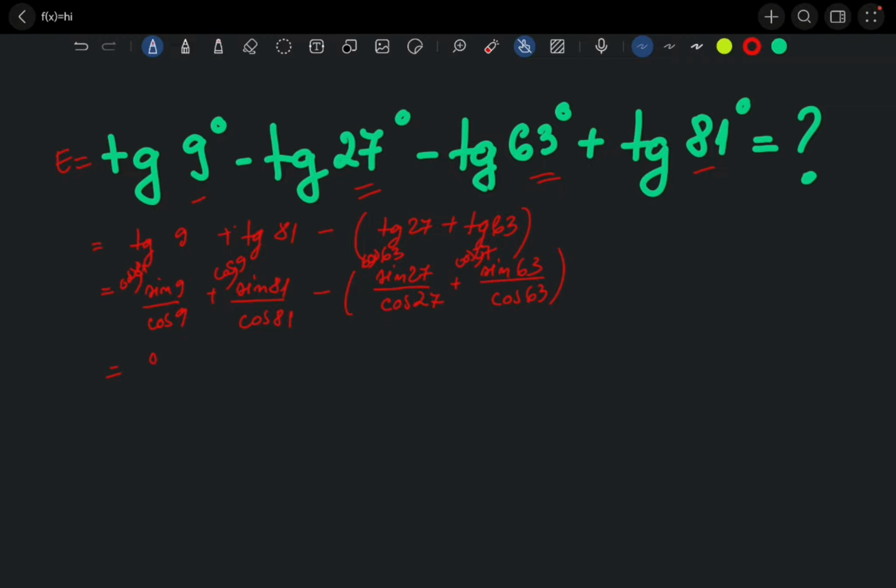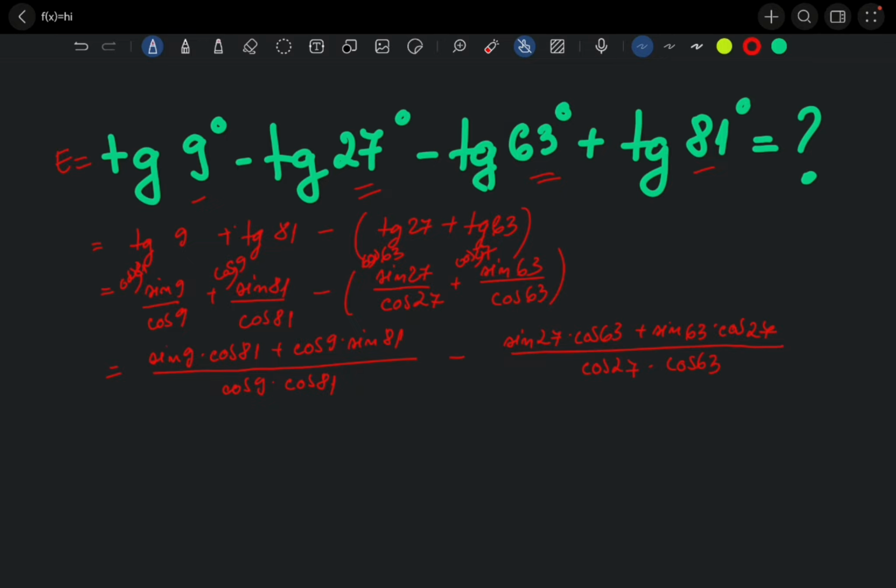And we'll get sine of 9 times cosine of 81 plus cosine of 9 times sine of 81 all over cosine of 9 times cosine of 81, minus sine of 27 times cosine of 63 plus sine of 63 times cosine of 27 all over cosine of 27 times cosine of 63.